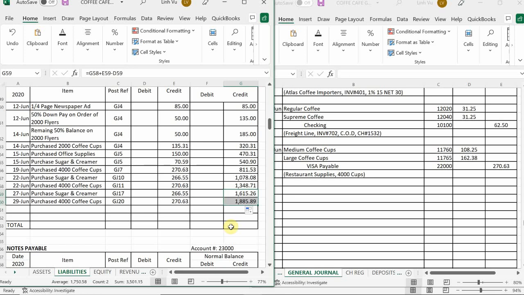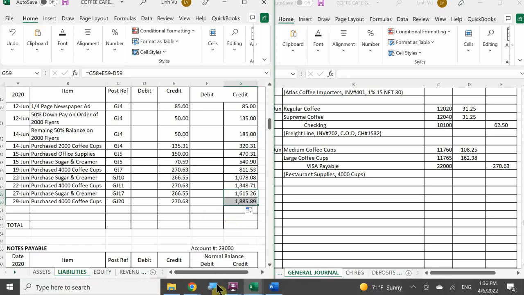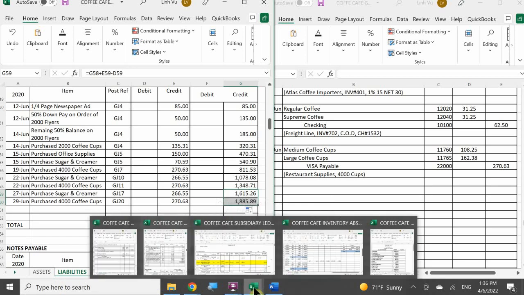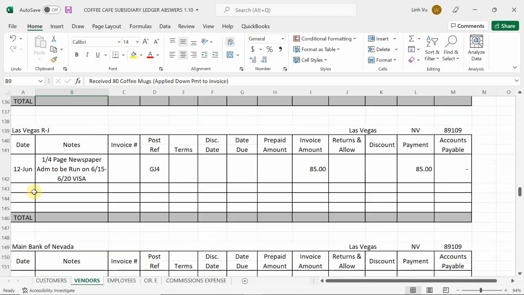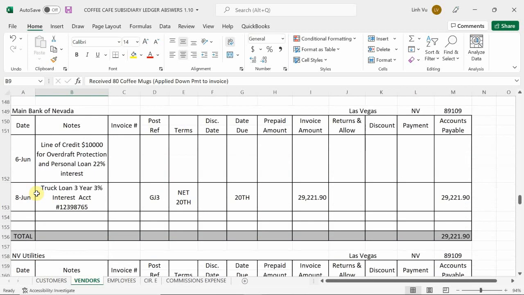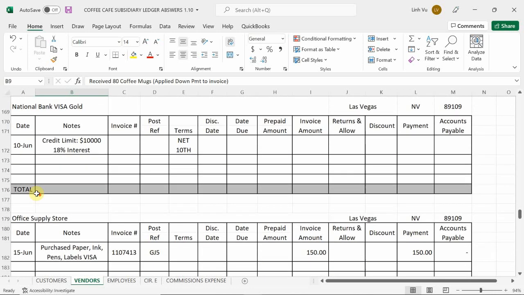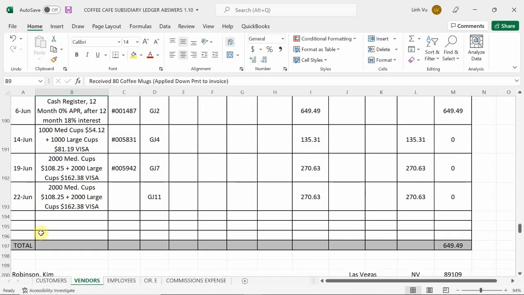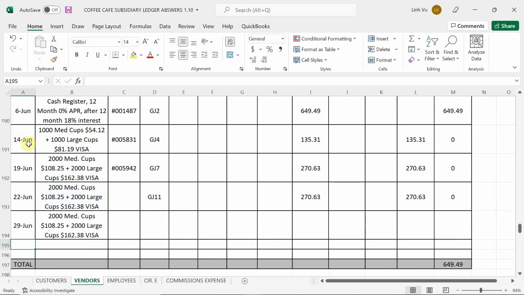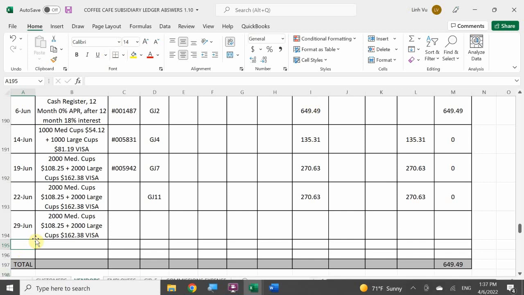Subsidiary ledger. We're going to go to restaurant supplies right here. We purchased the 2,000 cups, which is going to give me a total of 108.25.